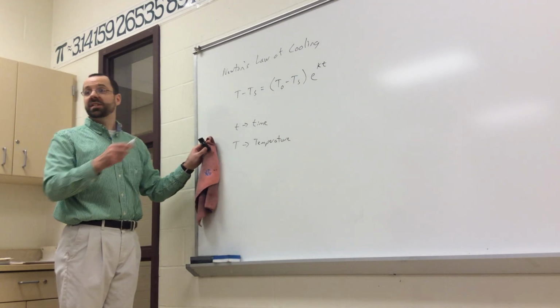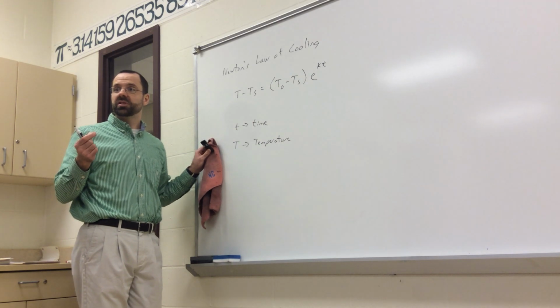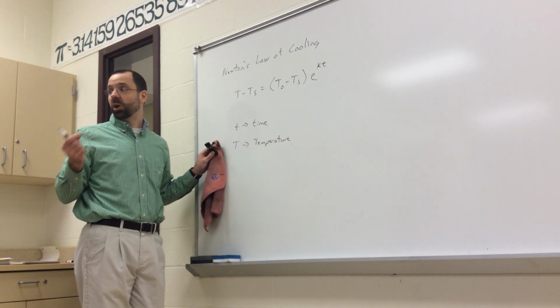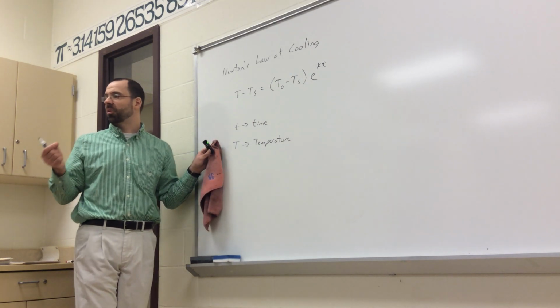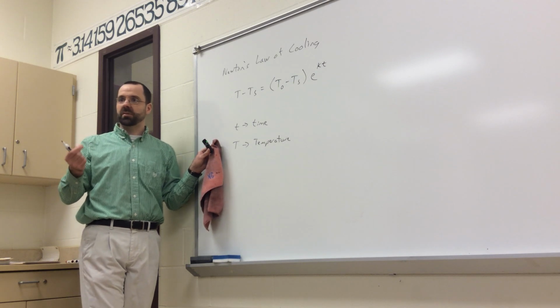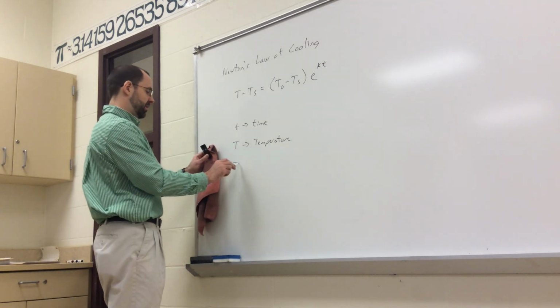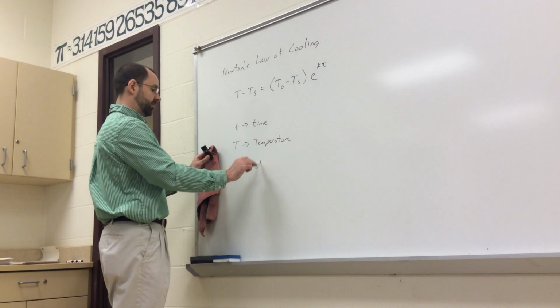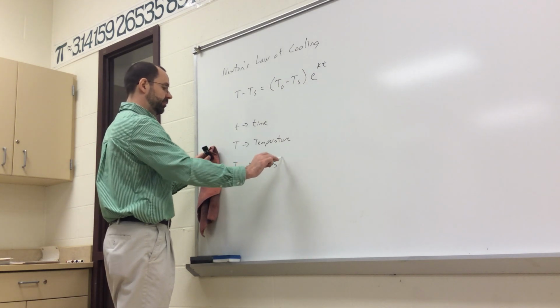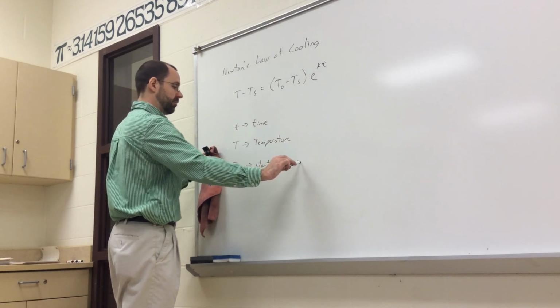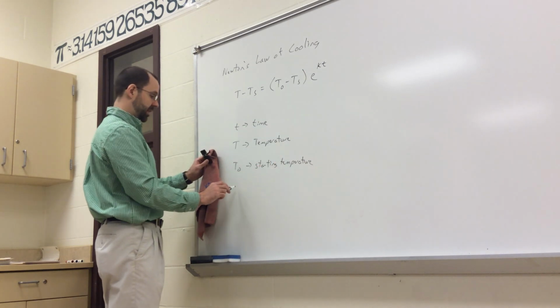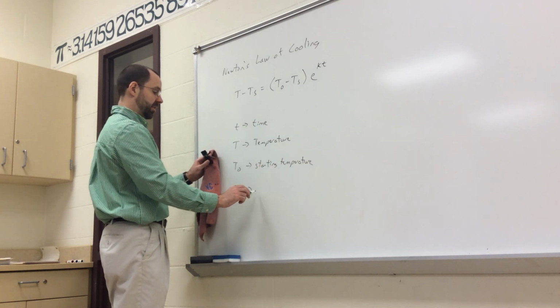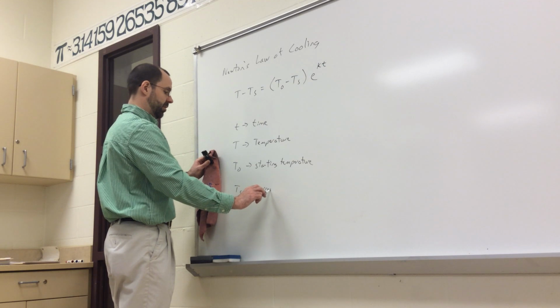Now the Ts and the T0, those are specific numbers that won't change within one problem. I mean, they'll change from problem to problem, but they're constants within a problem. So T0 is the starting temperature. And Ts is the surrounding temperature.